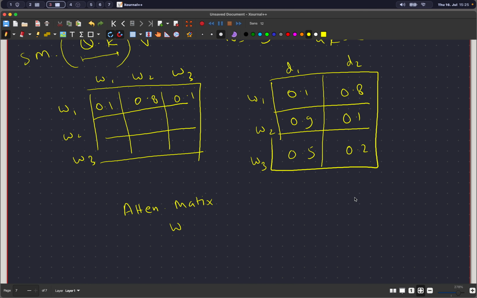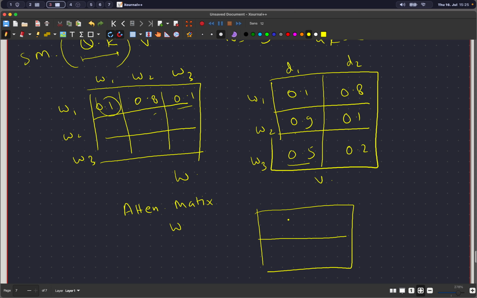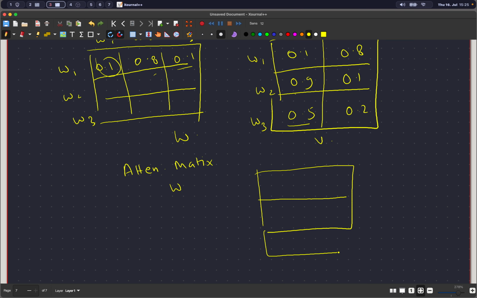Let's just ignore the numbers and their significance for now. But once we multiply W and V together, we will be multiplying 0.1 with 0.1, 0.8 with 0.9, 0.1 with 0.5. So the final resulting matrix will have a new updated representation for each of the words.